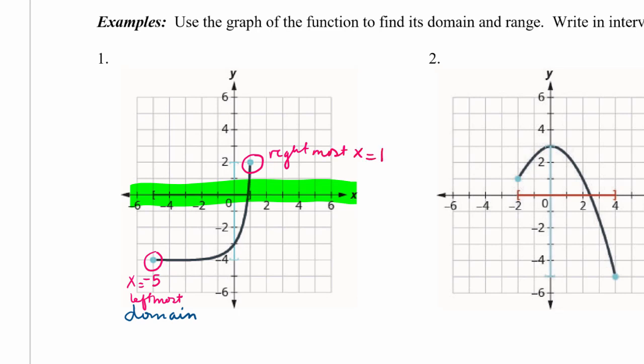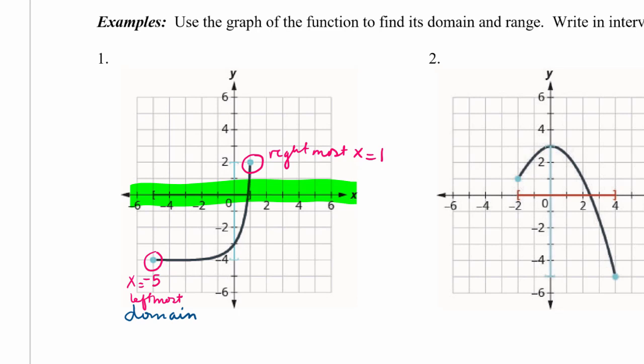Now notice also that there are little solid dots on each of those points. That means that we include that ordered pair as part of the graph. If you recall from our work with inequalities in a previous chapter, we would put an open circle if we didn't want to include that endpoint. But these are solid endpoints, so we are including both points.